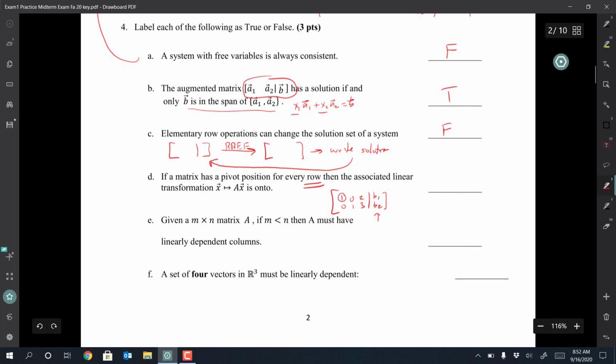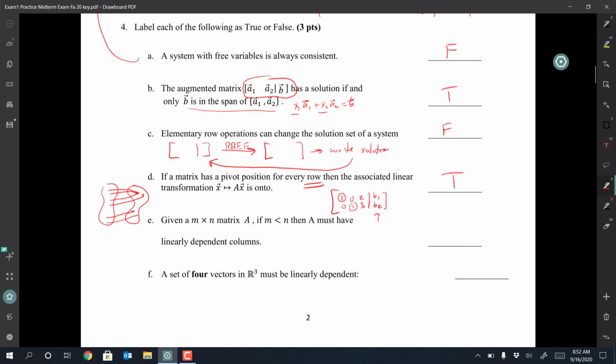So a pivot in every row means at least one solution, and we associate that with the transformation being onto. So this is true. Onto means that for every B in the codomain, there's at least one x that maps to it. There could be more that map to a particular one, but there's at least one. Always a solution. So this one is true.